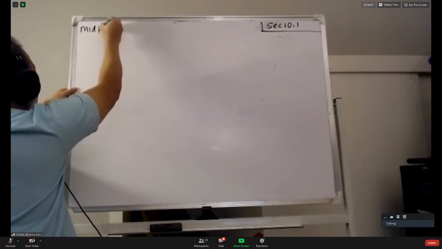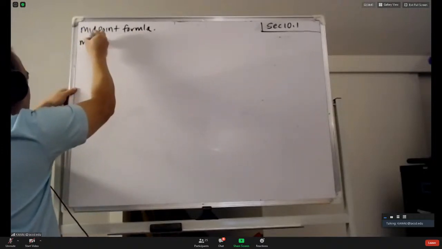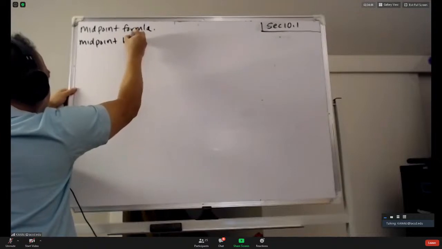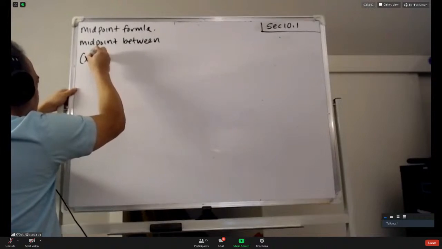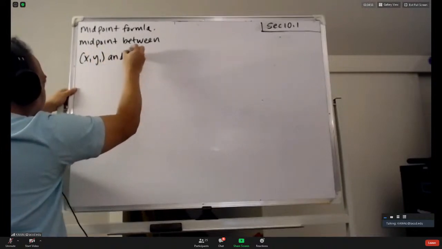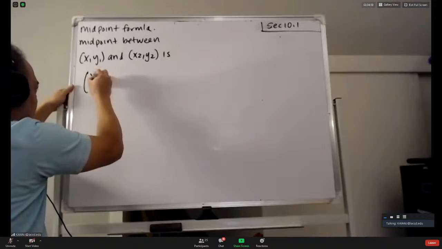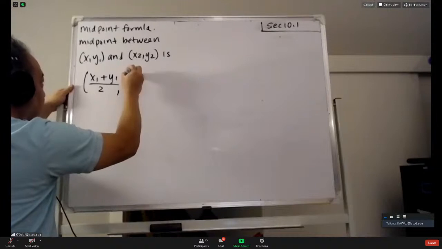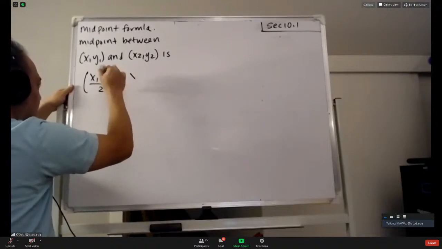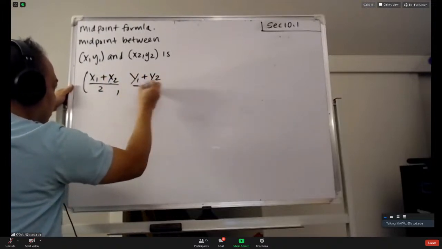So let's look at the midpoint formula. The midpoint between (x1, y1) and (x2, y2) is ((x1 plus x2) over 2, (y1 plus y2) over 2).